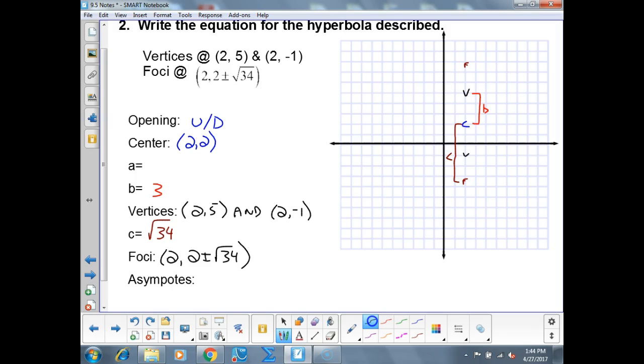To find a, it would be a squared plus 9 equals 34.